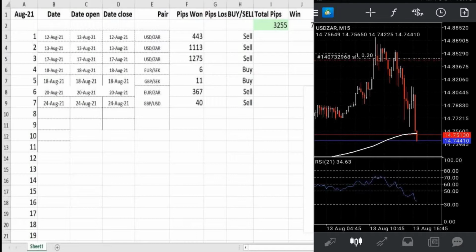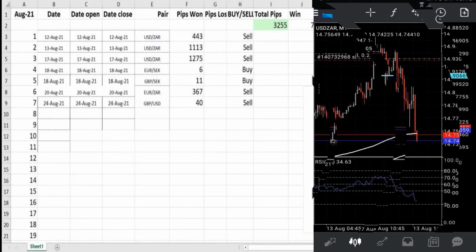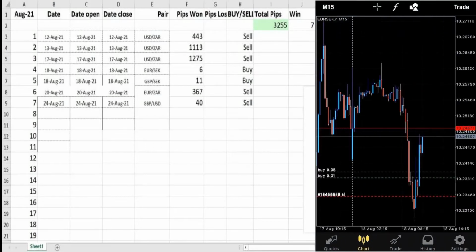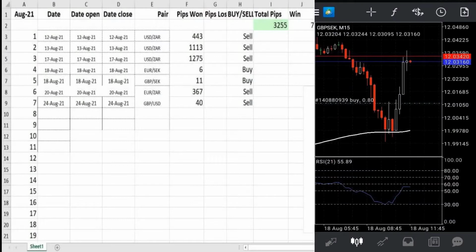Then on the 17th of August we took another sell on USD ZAR, and then we took 2 buys. One was on Euro SEK on the 18th of August, and on the same day we also took GBP SEK. These trades were meant to be a hard lob, however they didn't pay out the way we wanted. And then we took another trade on the 20th on ZAR again.